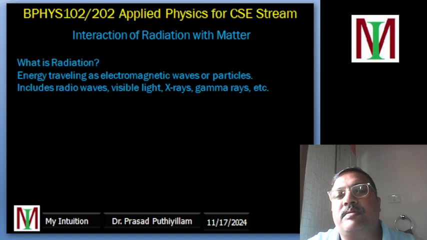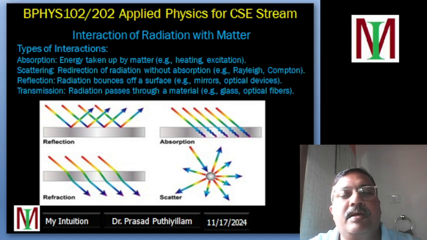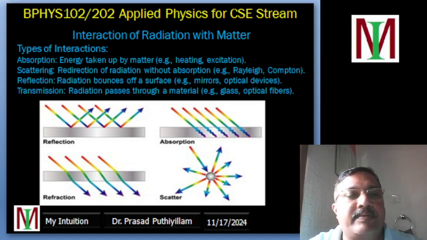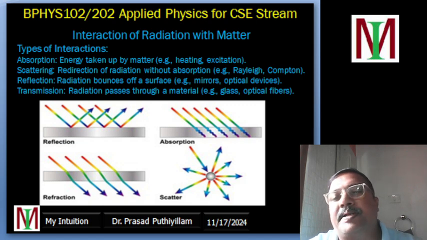So now the next important question is what happens when radiation interacts with matter. That is where things become interesting. So, types of interactions: when radiation comes into contact with matter, a variety of interactions occur.